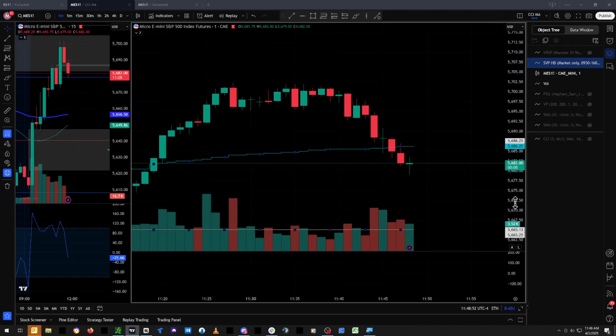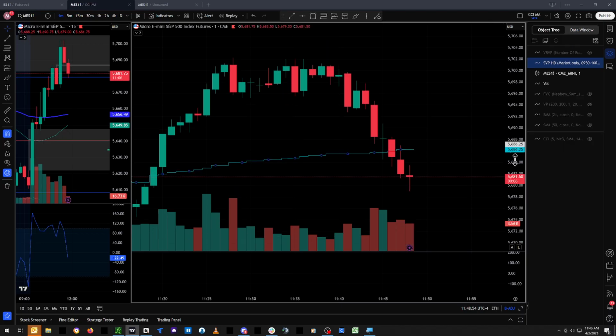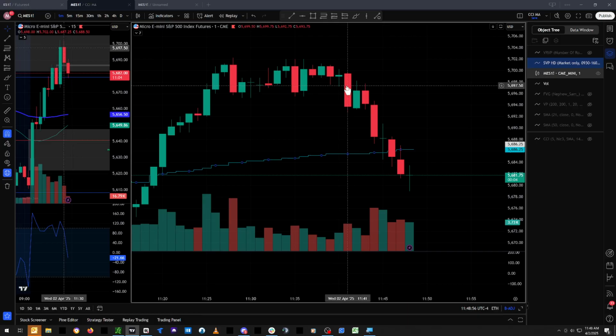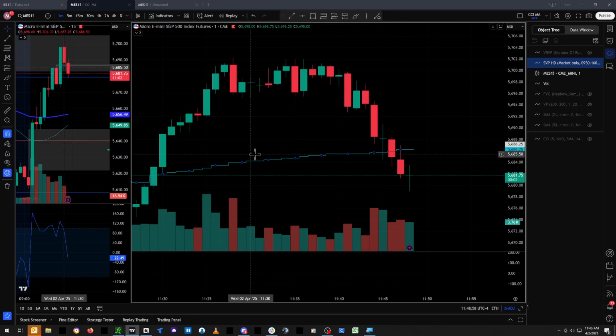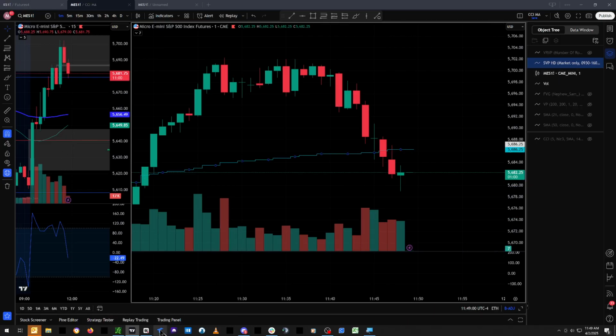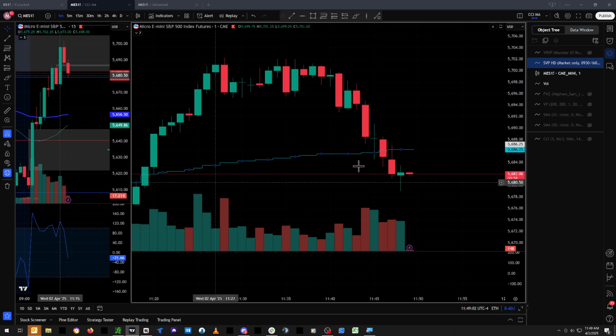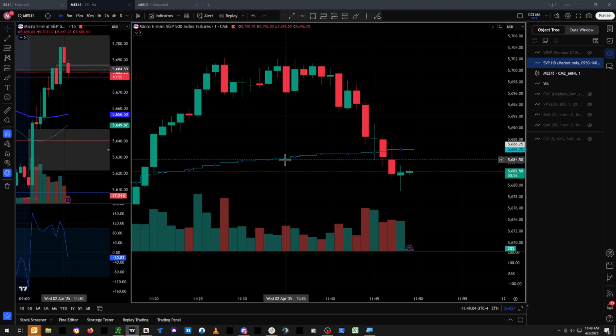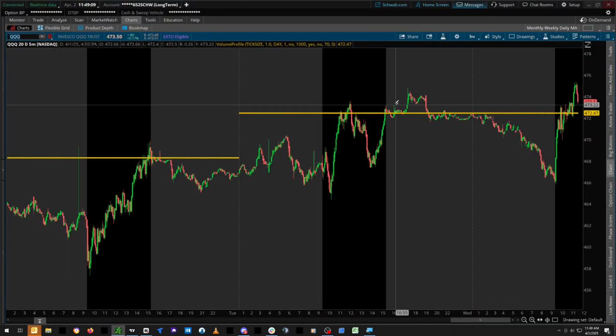Okay. So now, the way I typically like to do it, however you do it, if you want to get into auction market theory, mark the prior day's volume point of controls.